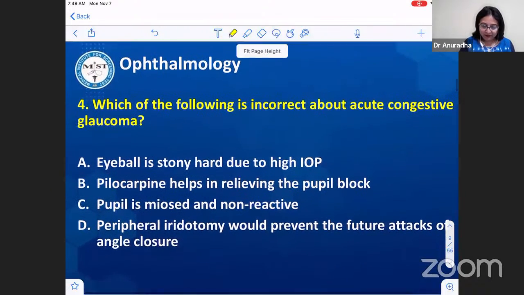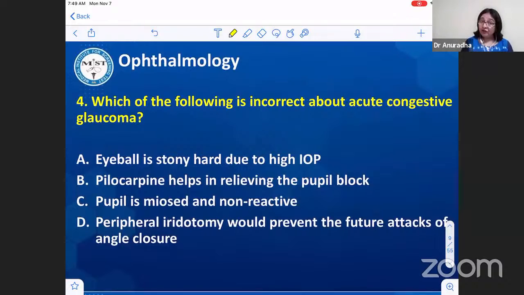Right. So now this question is, which of the following is incorrect about acute congestive glaucoma? Reading the question statement is very important, friends. Do not miss words like incorrect, not true, false, all except, because they can make a difference in how you attempt the question.